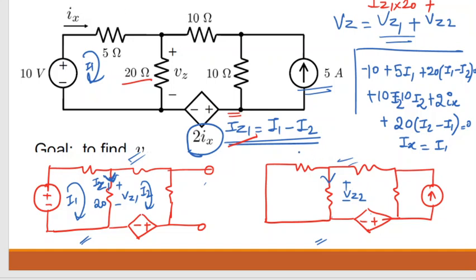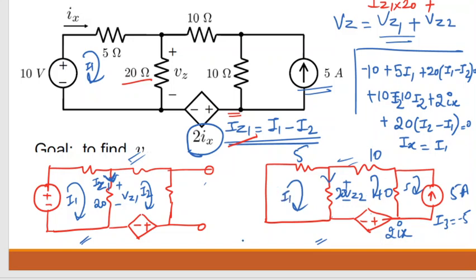Similarly, you need to do it in this case, 5, 20, 10. Yeah, this is the easiest method. Okay. Again, I3 is how much? Minus 5. And I1 is how much? Minus 5 I1, sorry, you are taking the percent, plus 5 I1 plus 20(I1 minus I2) is equal to 0, right?